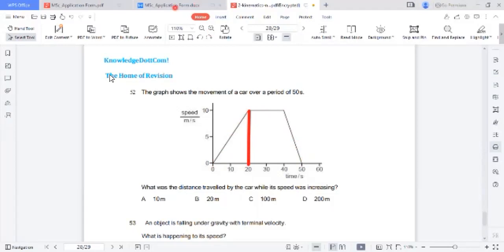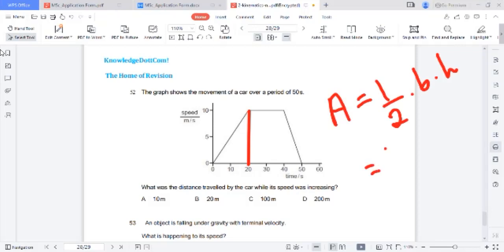So this is the total portion where the speed is increasing. If we calculate the area of this portion, this will tell us the distance traveled by the object. So let's calculate the area. This is a triangle, so the area of a triangle is 1 over 2 base into height. From 0 to 20 seconds, its base is 20 and height is 10.